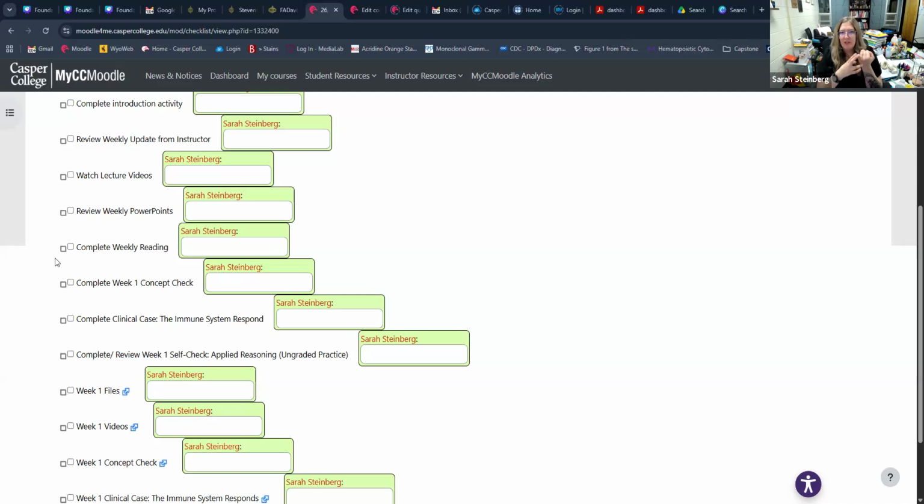Once you complete the concept check with a grade of 70% or better, then the clinical case will be unlocked. Once you complete that clinical case, then I do encourage you to go down to the self-check, applied reasoning, and that's just ungraded practice for you. And this ungraded practice does stay open until the week after our first exam.